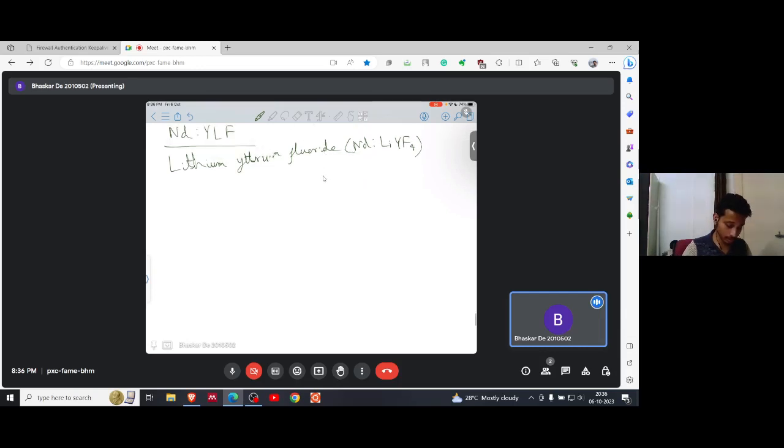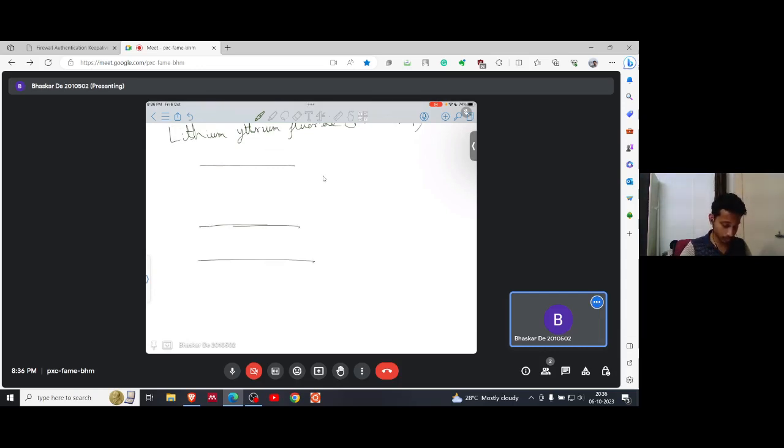So the transition here is this. This is 4F3/2, this is 4I13/2, this is 4I11/2.